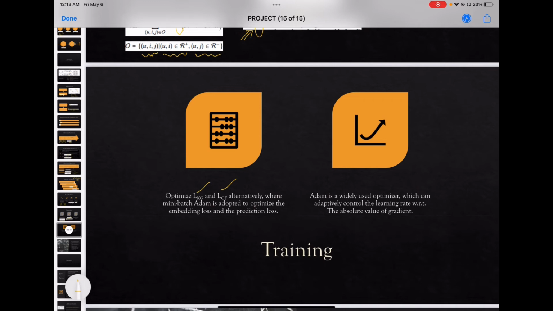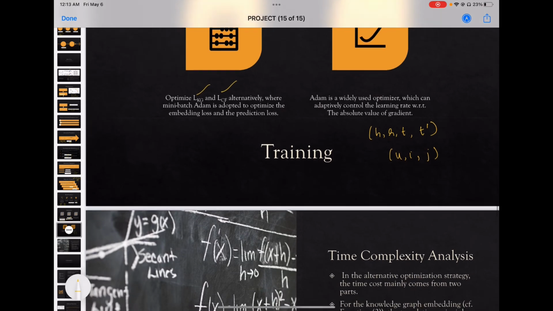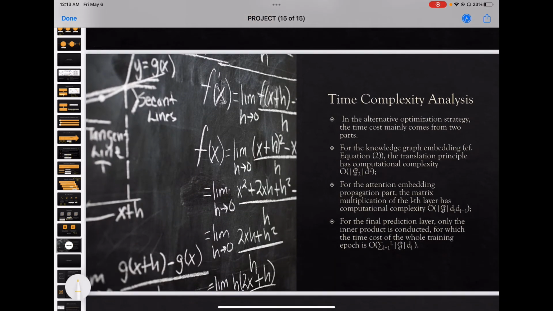In particular, for a batch of randomly sampled sets H, R, T, and T prime, we update the embeddings for all nodes. Hereafter, we sample a batch of U, I, J sets randomly, retrieve their representation after L steps of propagation, and then update the model parameters by using the gradient of prediction loss.